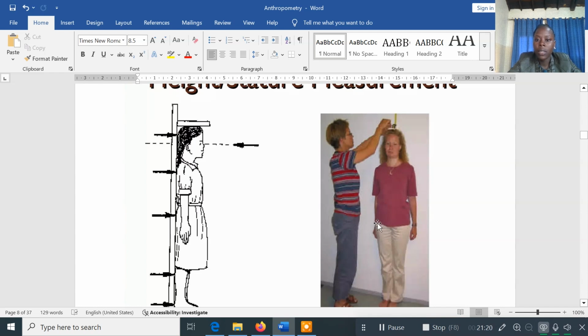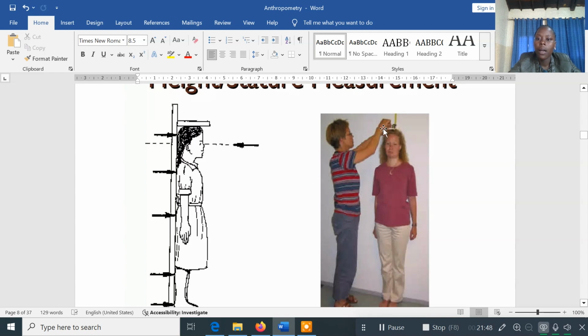The same applies to this illustration, this image here. This is a service provider trying to take the height of this client, and she has positioned the client in the same manner we've been talking about: standing erect, looking forward, hands hanging freely, palms facing downwards, the buttocks and the scapulae touching the board, and also the feet.